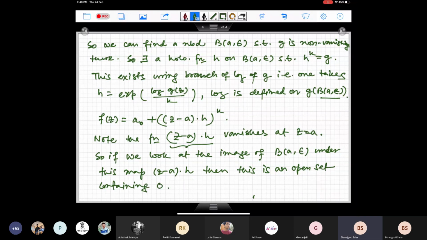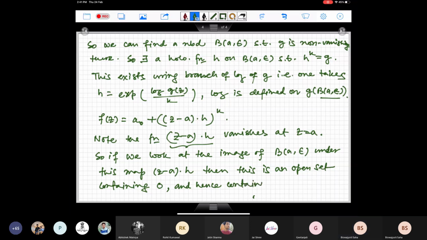Of course, h is a holomorphic function, so (z minus a) times h is going to be a non-constant function, and it vanishes at z equal to a. When you look at the image of an open set under this holomorphic map, that's going to be an open set, and this open set contains 0. If it contains 0, that means there will be a ball around 0 which is contained in the image.